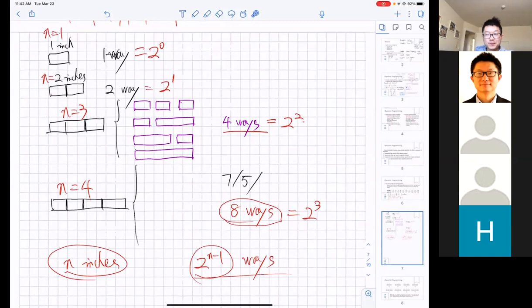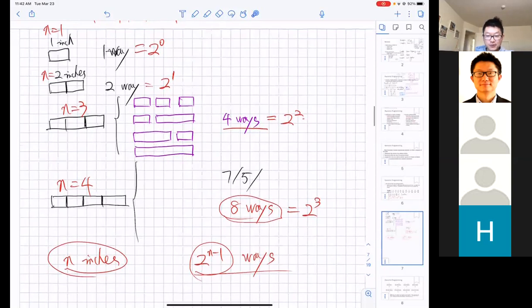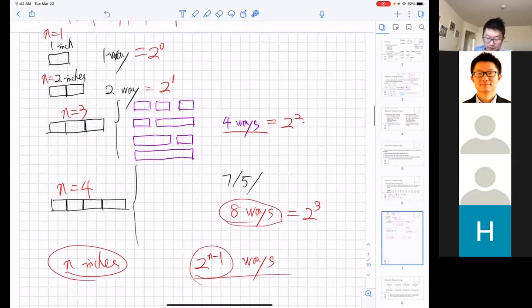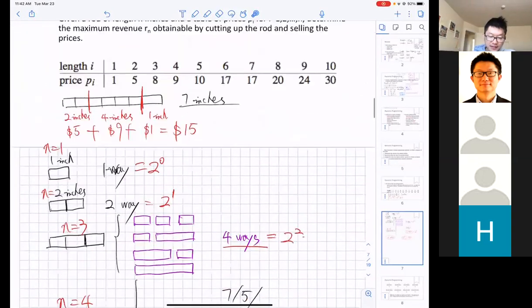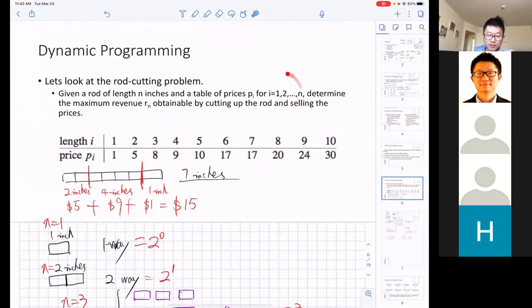Make sense? Sure. Okay. So, say if we are given such a problem, if we are given a rod of length n, one very intuitive solution is that we enumerate all the ways to cut it, and then from all the ways we calculate how much money we can make from each way of cutting, and then we get the solution with the maximum revenue.